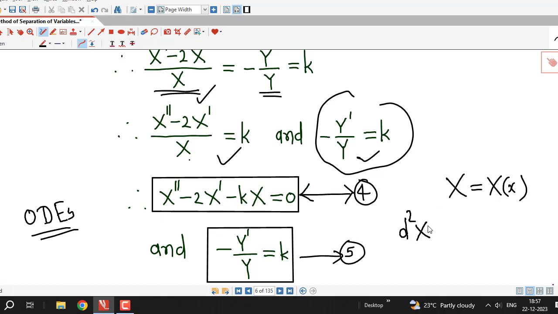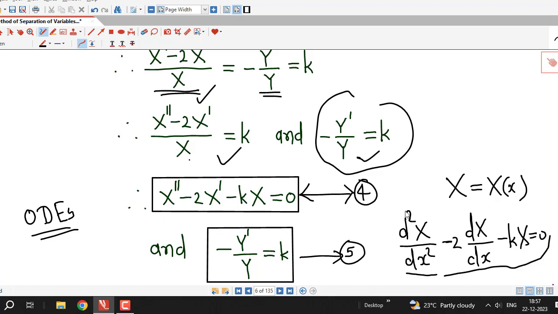You can rewrite equation 4 as d square X by dx square minus 2 times dX by dx minus k into X equal to 0. And we know how to solve this type of ordinary differential equation. This is a homogeneous linear ordinary differential equation with constant coefficients.